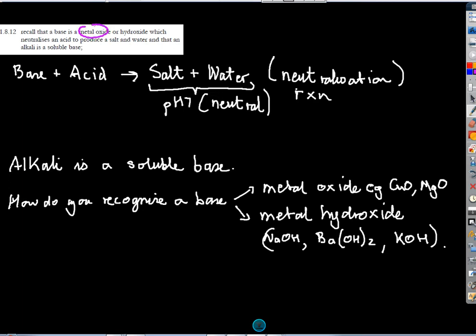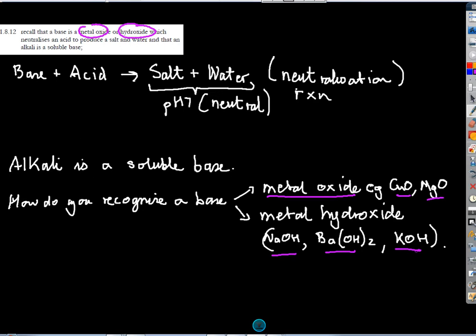It's a metal oxide or it's a metal hydroxide. So things like, if we just come down to where my purple line is here, copper oxide, magnesium oxide, those are bases. There's many bases that you should be able to recognize. And then our metal hydroxides are also bases. They will react with an acid to give a salt plus water.